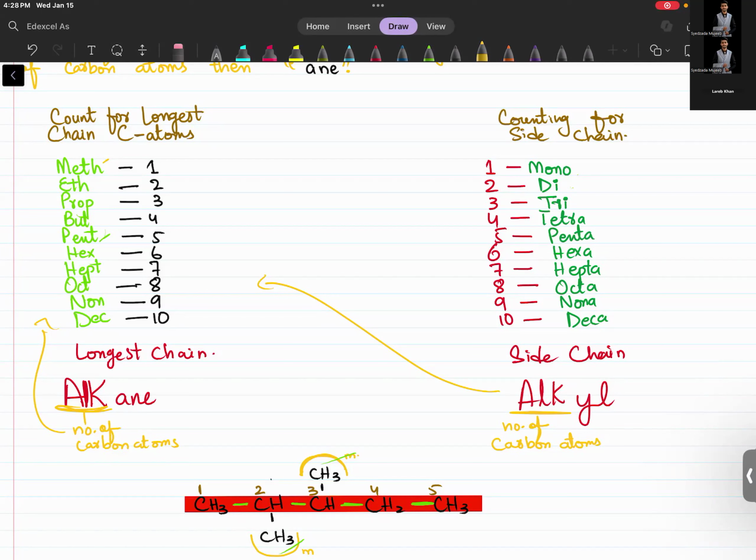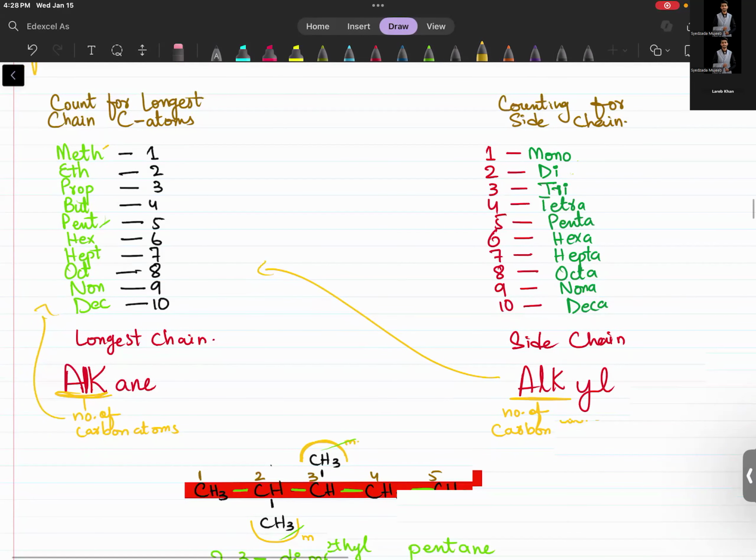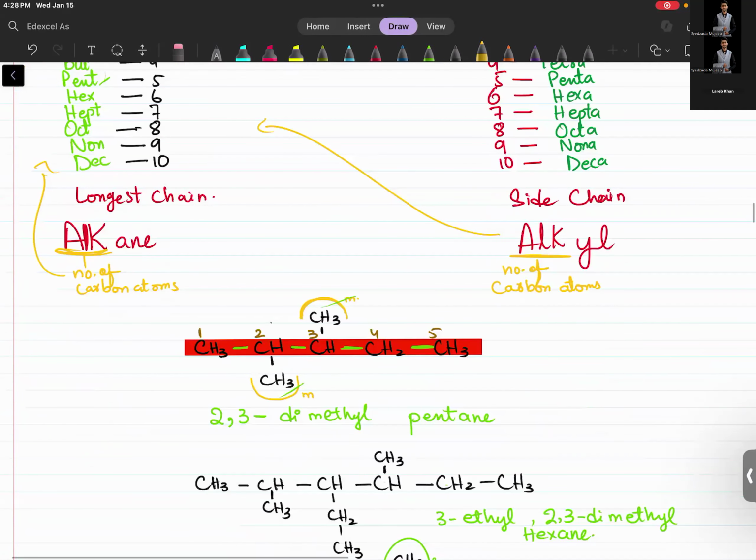Apart from all these, we have a position for the name of the side chain, which can be mentioned by the counting of the largest carbons. Just note down these countings.